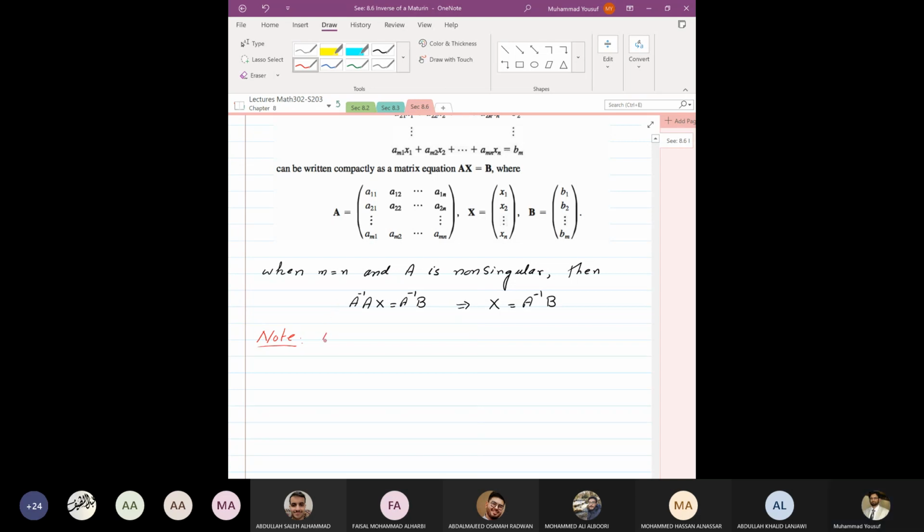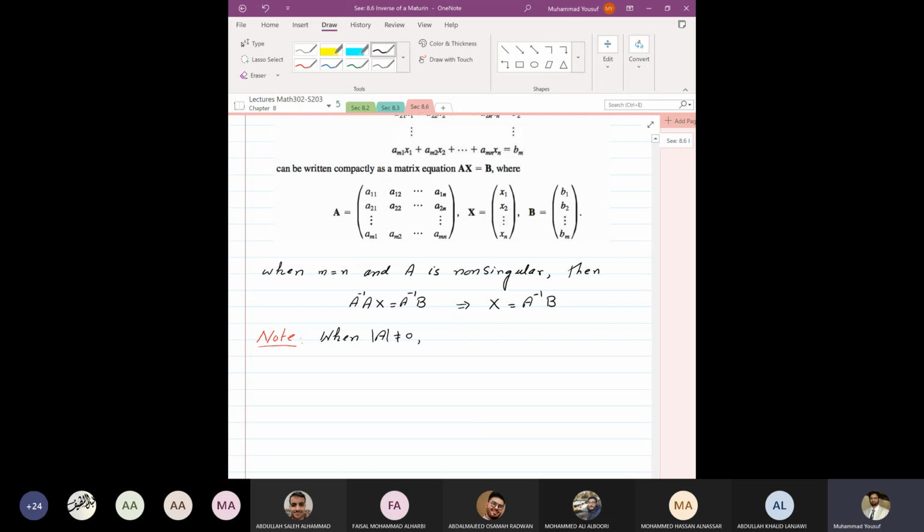When A is non-singular, in other words, when the determinant is not equal to 0.